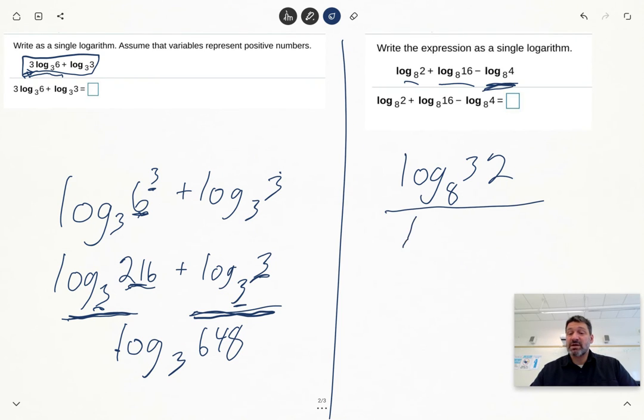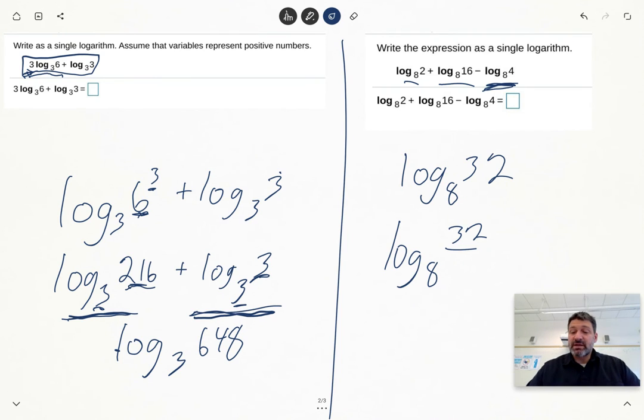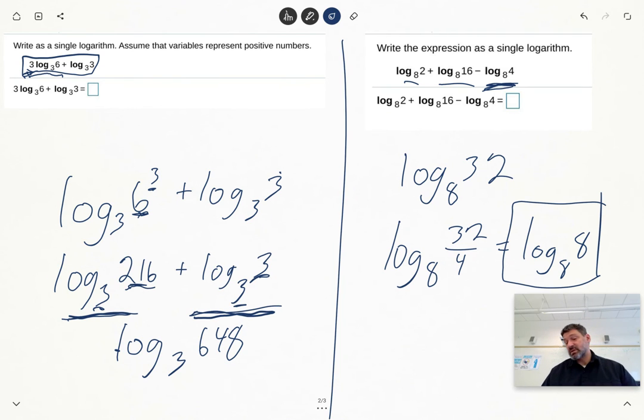So that would be divided by log base 8 of 4. So I wrote that wrong. In this case, we're dividing the 32 by the 4, because when you're subtracting the numbers, it's the same as dividing the exponents. Okay, so that would give us log base 8 of 8. And then we simplify that. It's easier to get the answer a lot of times because we know 8 to what power equals 8? It would be 1. So that allows us to solve that here.